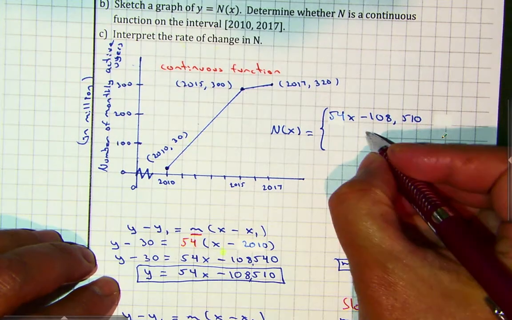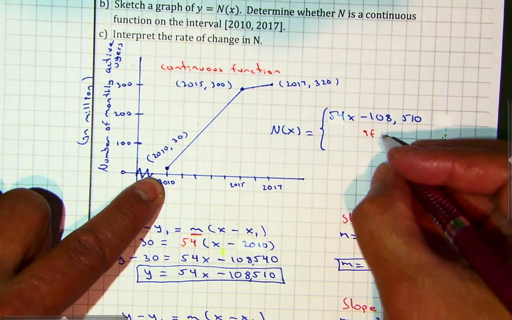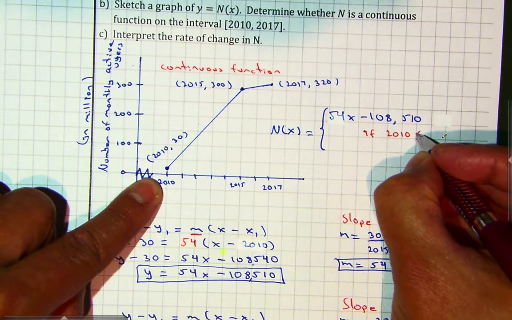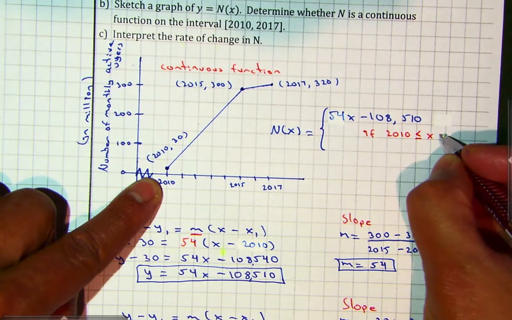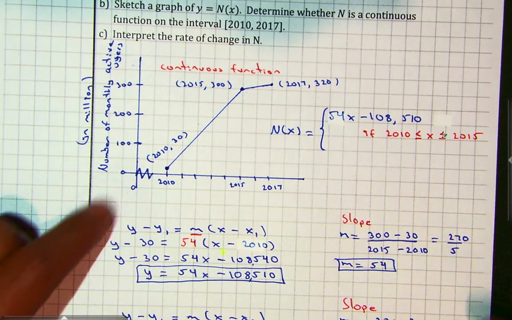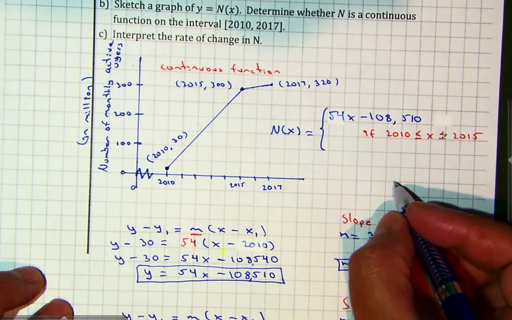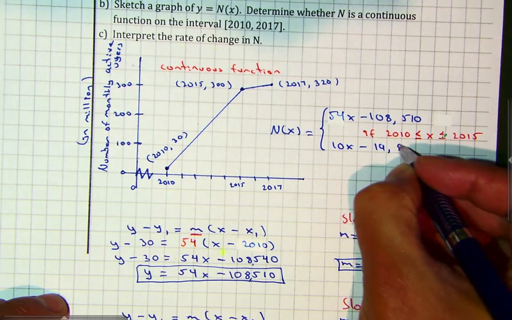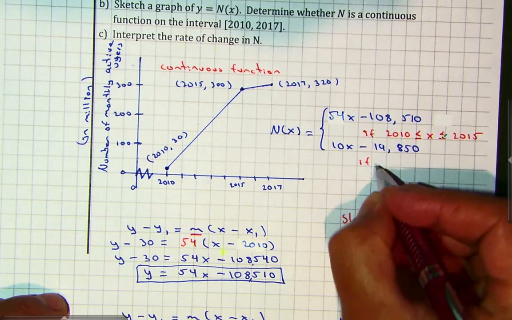My domain will be between 2010 and 2015. So x is greater than or equal to 2010 and less than or equal to 2015. In this case, we're also going to use our second one, which will be 10x minus 19,850, and that piece's domain will be between 2015 and 2017.